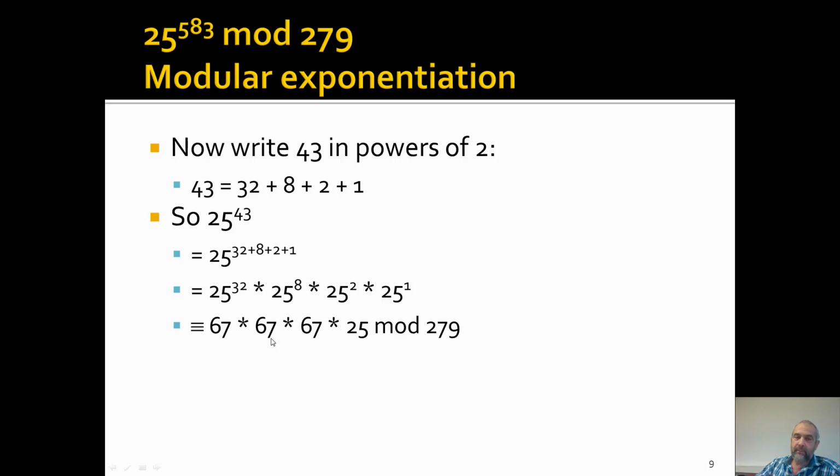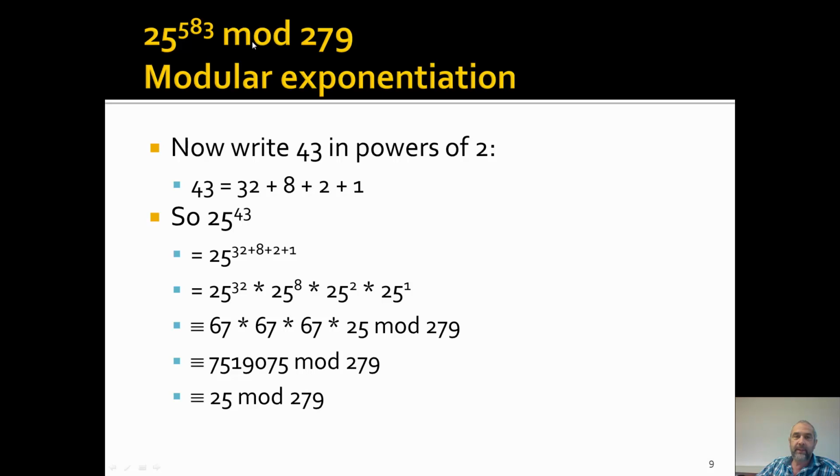Well, we can take a calculator and calculate them. That's 7519075, the multiplication of these four numbers. Modulo 279, we have 25. That's the answer to the question.